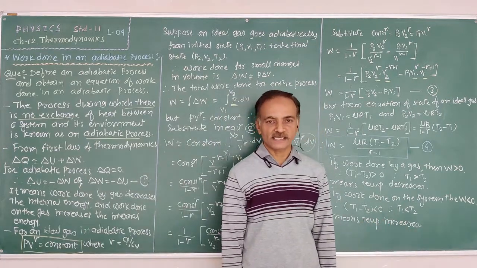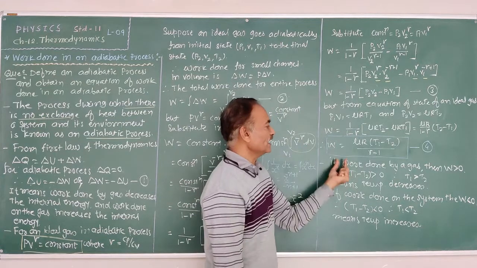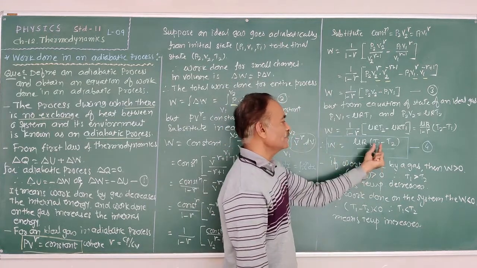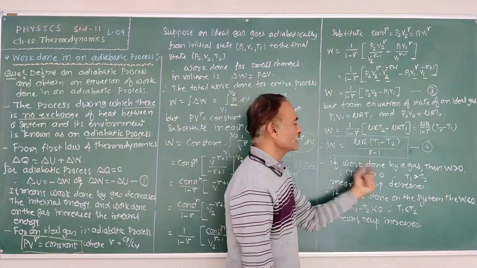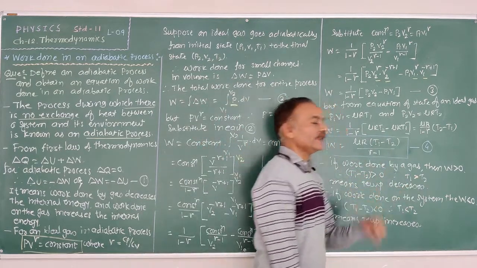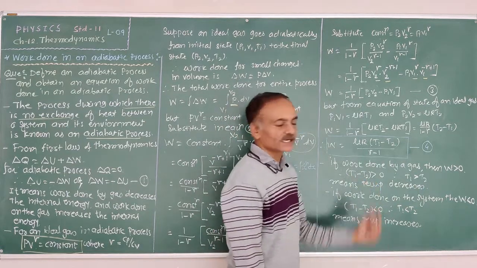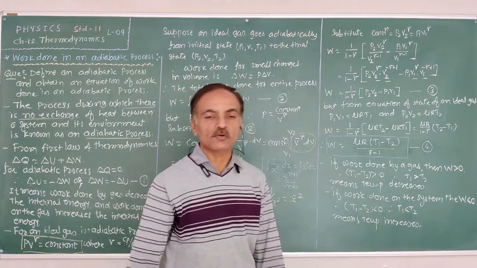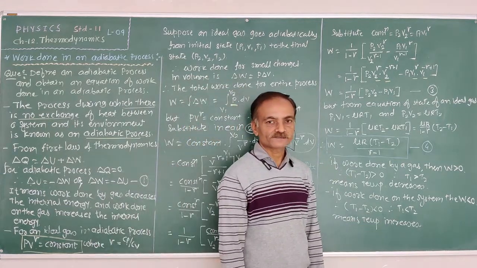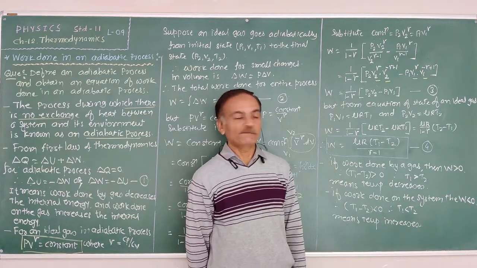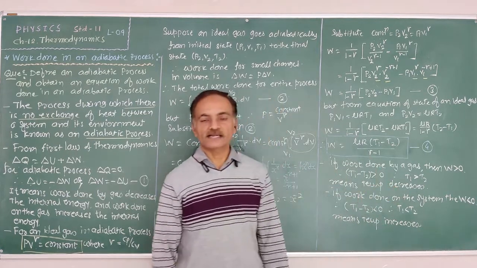Again, if the work done by the gas, W, is greater than 0, then T1 minus T2 is greater than 0. It means that T1 is greater than T2, so the temperature decreases when the gas does work on the environment. That means the volume is expanded, temperature decreases, and work done is positive.